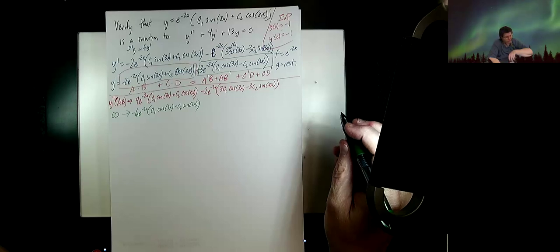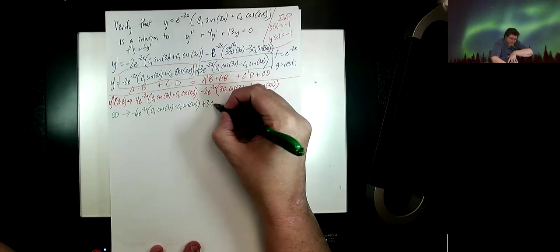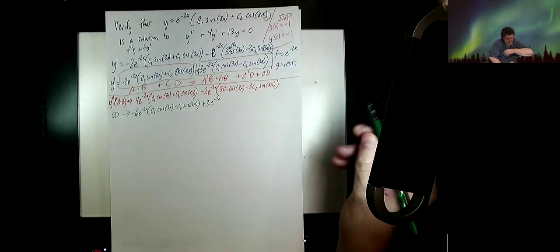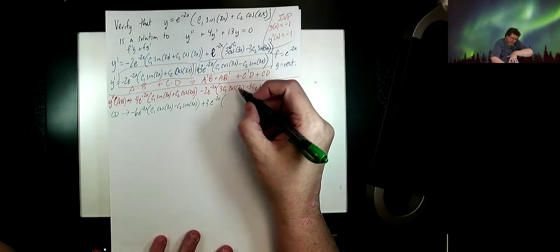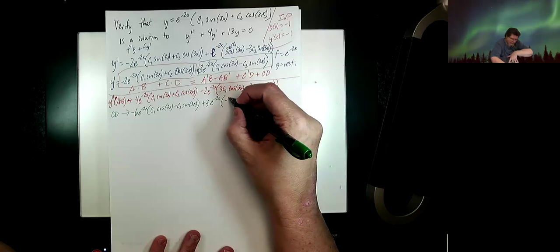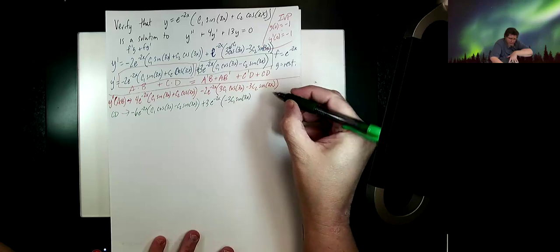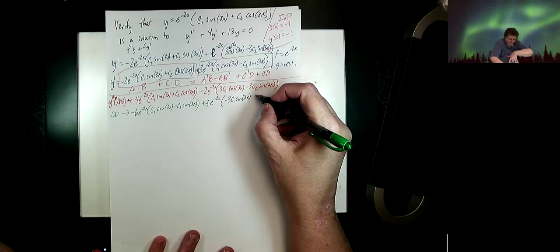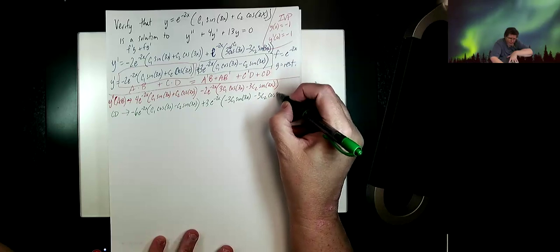Gotta go slow on this, right? There's a lot of room for making mistakes. Making mistakes sucks. Then we've got to take the derivative of what's on the inside here. This is going to be negative 3C1 sine 3x minus 3C2 cosine 3x.